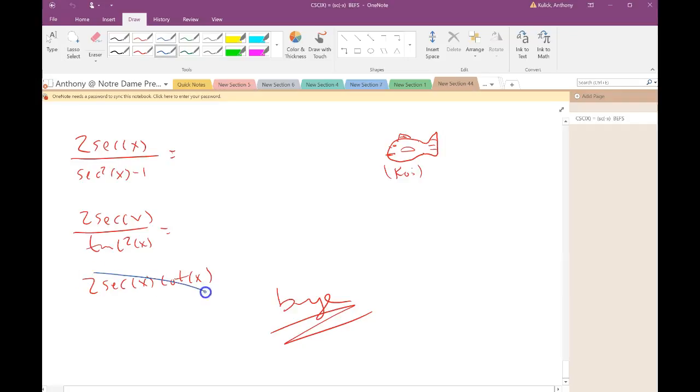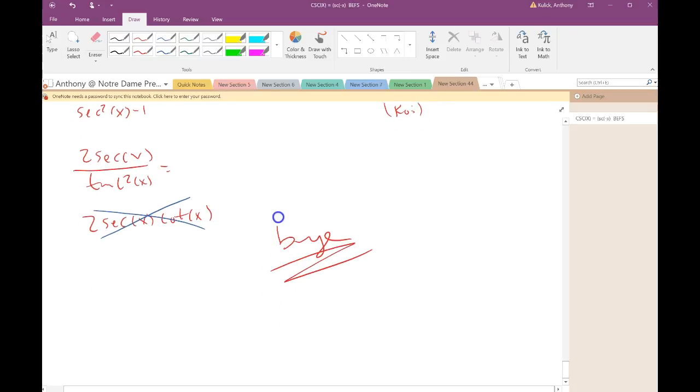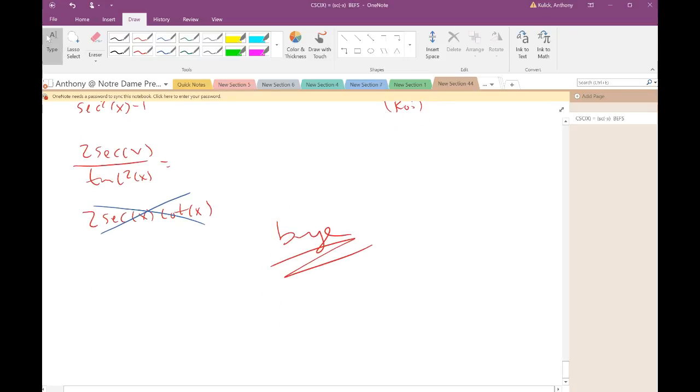Let's not do this step here. We'll salvage it from here. I screwed that up. What we've written is correct, except I should have cotangent squared. But rather than doing that, I'm going to do something different here because it's going to be a little bit easier to deal with. Is everybody okay?